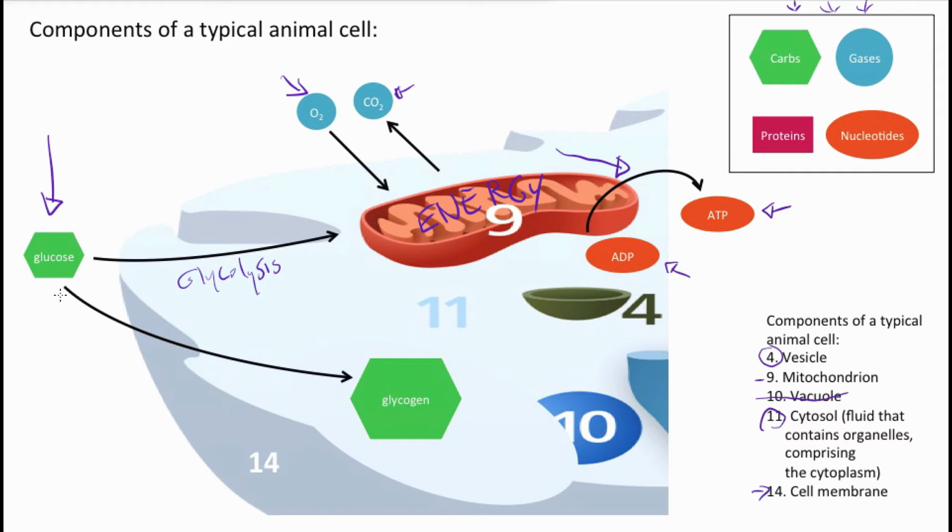The other part of the story is that if you are particularly well fed, like right after you've had a meal, you don't actually need all of the glucose to go through the metabolic pathways that lead to production of ATP. And in fact, two organs in particular, the liver and to a lesser extent skeletal muscle, are going to, I like to say, squirrel away that glucose.